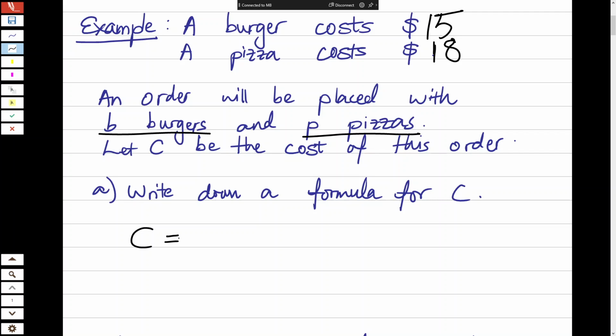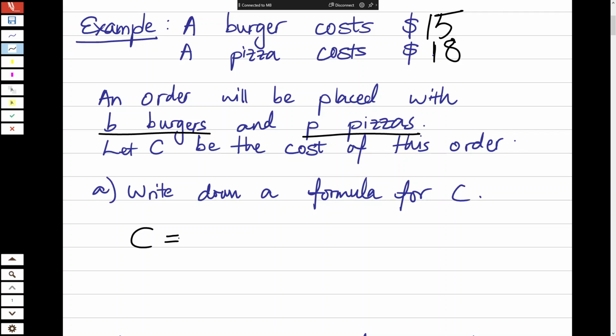This question may be a bit challenging if you haven't done something like this before. So remember, pizza, $18, and a burger, $15. I'm going to order B burgers and P pizzas.